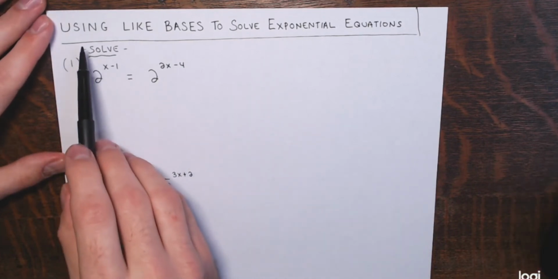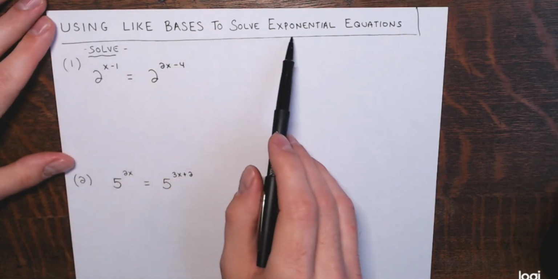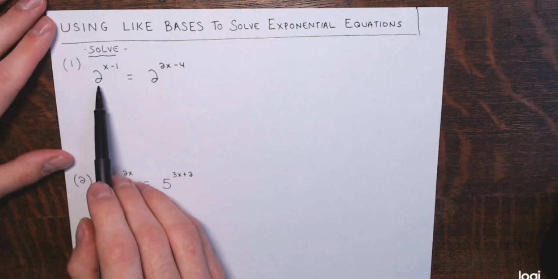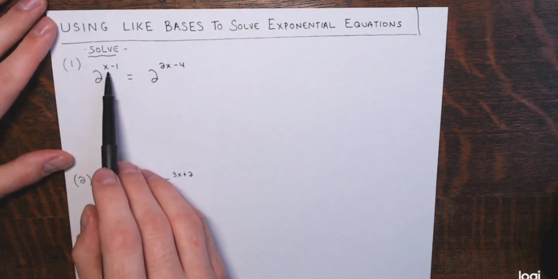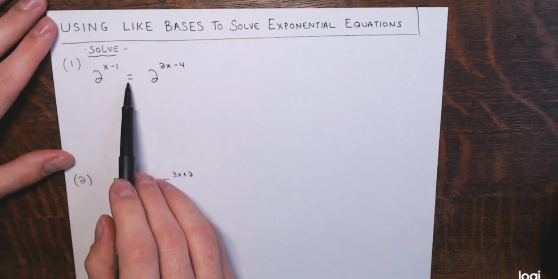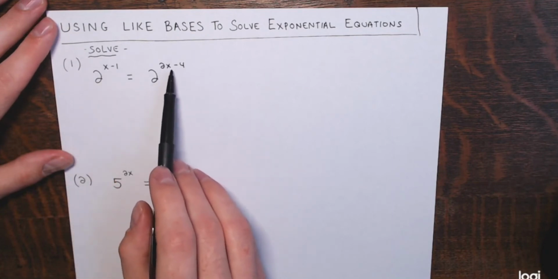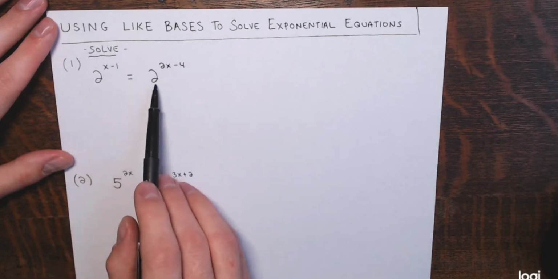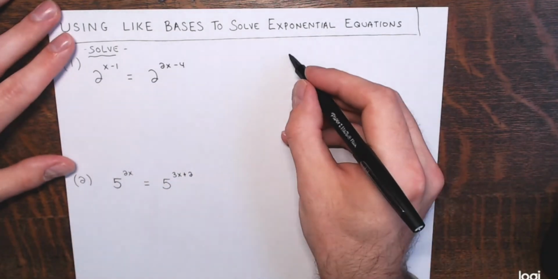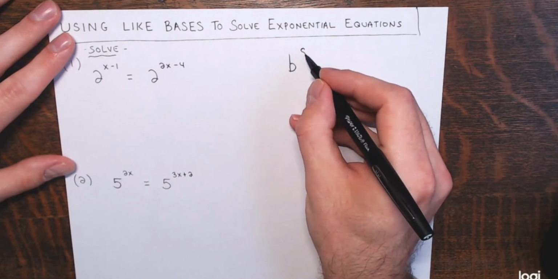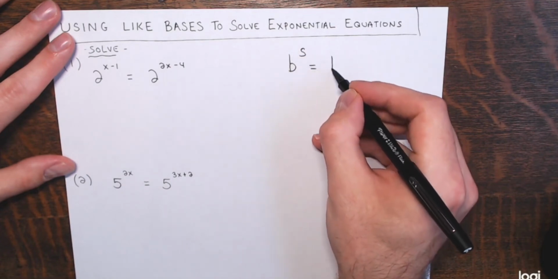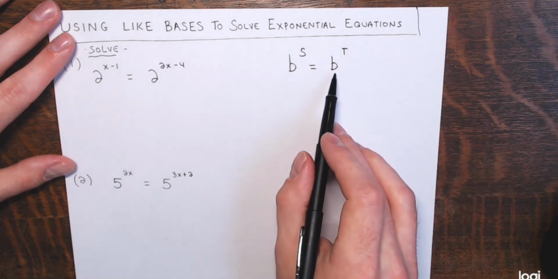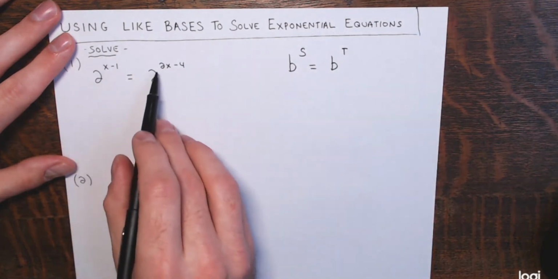Alright, so using like bases to solve exponential equations. Now the first example I have here, we're asked to solve 2 to the x minus 1 power equals 2 to the 2x minus 4 power. Both of these are already written in that fashion where you have b to the s equals b to the t, where both sides have the same base, base 2.